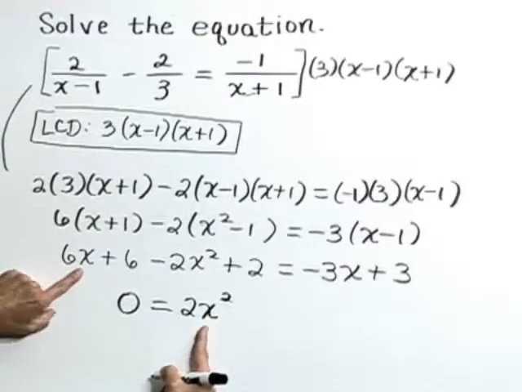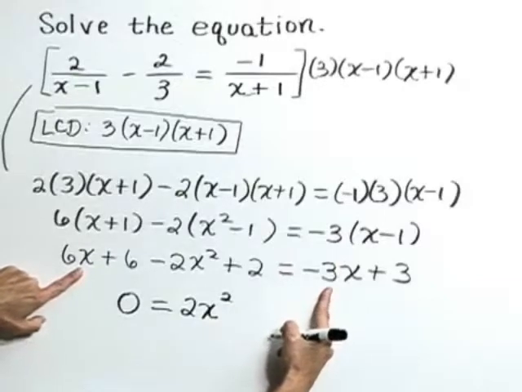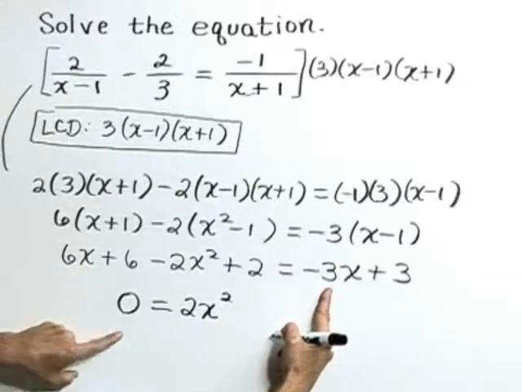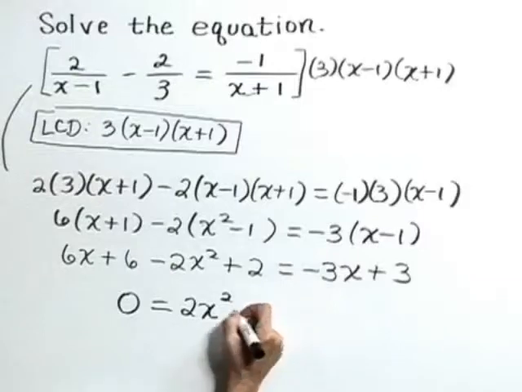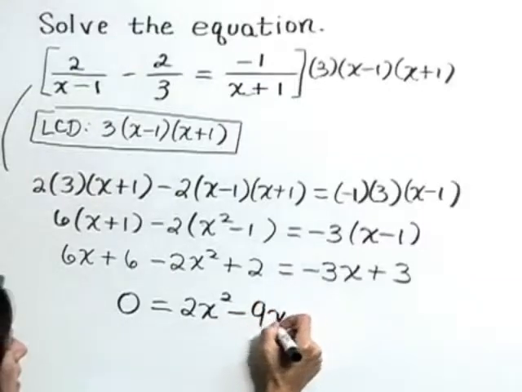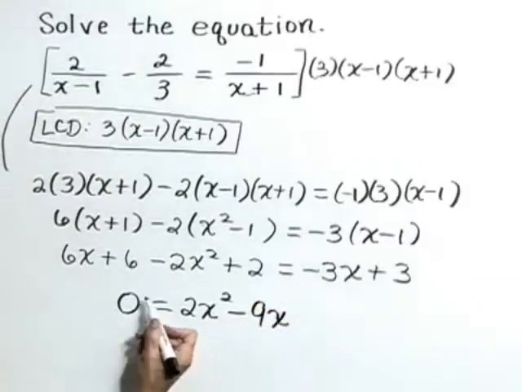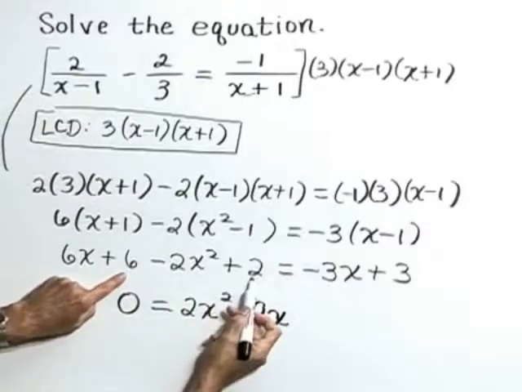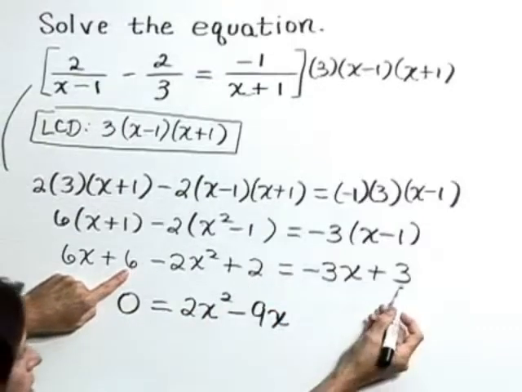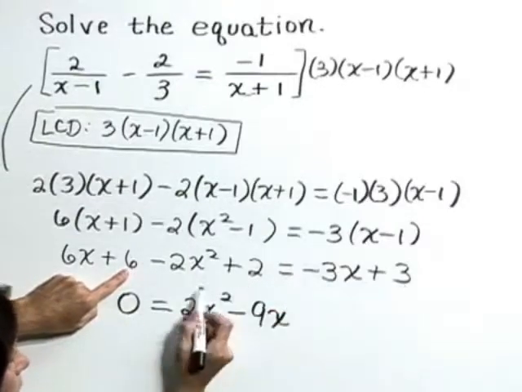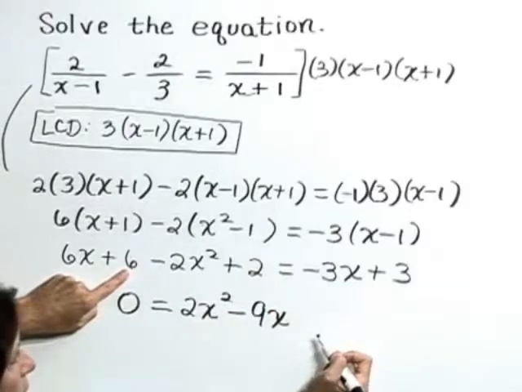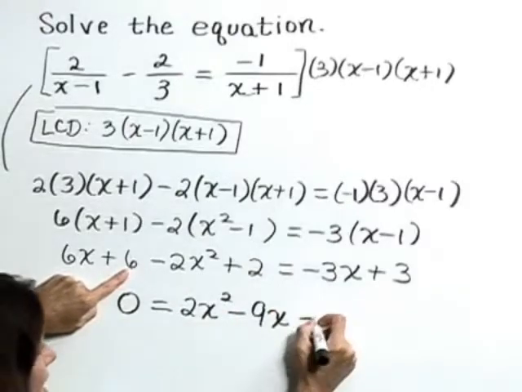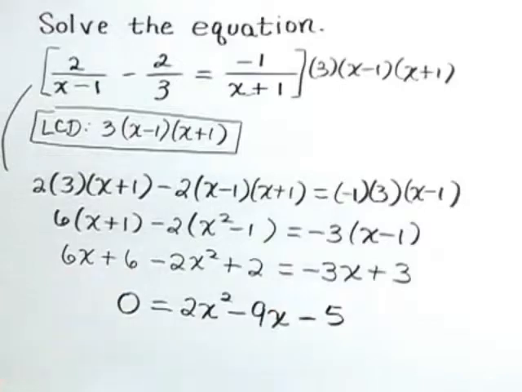On the left, we've got 6x. On the right, a negative 3x. Subtracting 6x from both sides gives a minus 9x. On the left, 6 plus 2 is 8. We have 3 on the right. Subtracting 8 from both sides, 3 minus 8 is a negative 5.